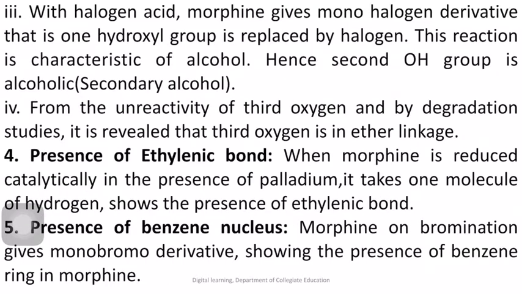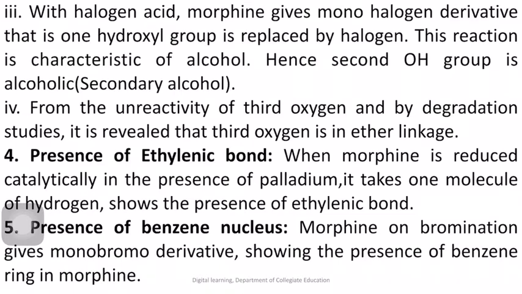Then what about the second one? When it is treated with halogen acid, morphine gives a monohalogen derivative. That means the other hydroxyl group is replaced by halogen, and this is the characteristic reaction of alcohol. That indicates that the second OH group is alcoholic in nature, that is, a secondary alcohol.